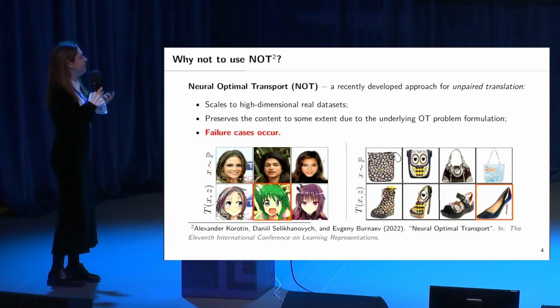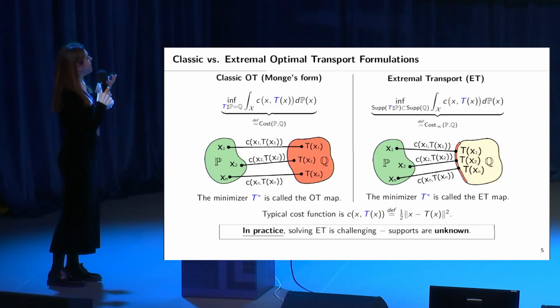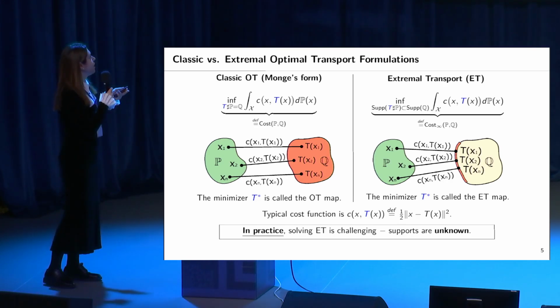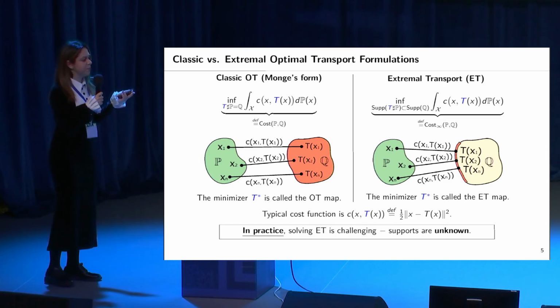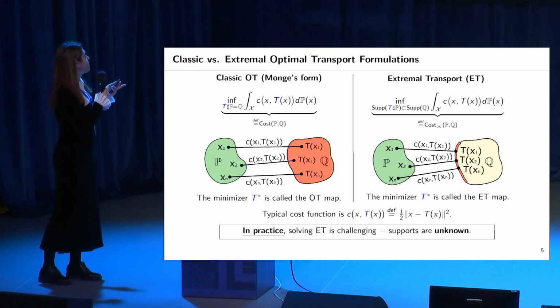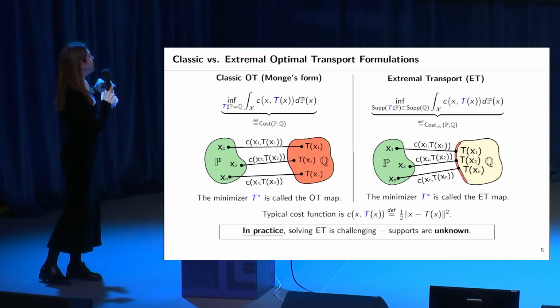Further, I will explain the reasons why this happens. The reason is that the neural optimal transport method is based on the classical optimal transport problem formulation. In this classical problem, the goal is to transport the input distribution to the target one with minimal effort.